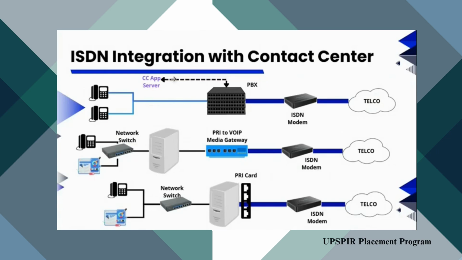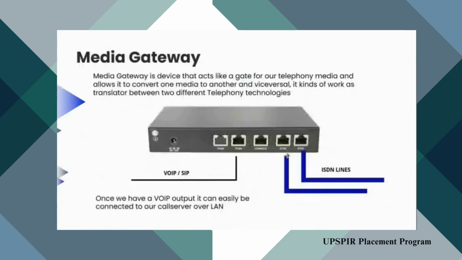The other way to terminate ISDN lines is using a media gateway. As we know, gateway is the word here. A gateway is a device which translates one technology to another technology. In this case, we use a PRI to VoIP media gateway, or PRI to SIP media gateway, right? So this is like a media gateway.